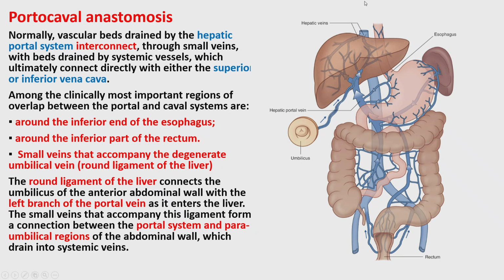This is one region. Here in the rectum, the inferior part of the rectum, we said that the superior rectal vein is draining to the inferior mesenteric vein, and then ultimately to mainly the splenic, let's say, and then to the portal vein. So all this drainage of the upper part of the rectum is going to the portal vein.